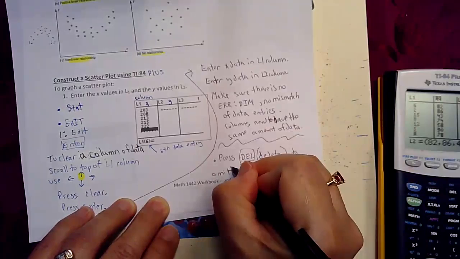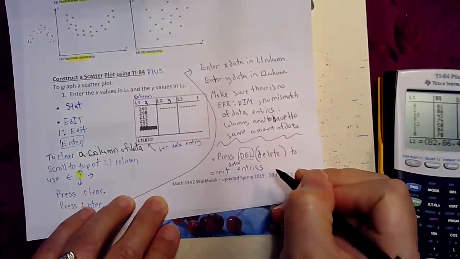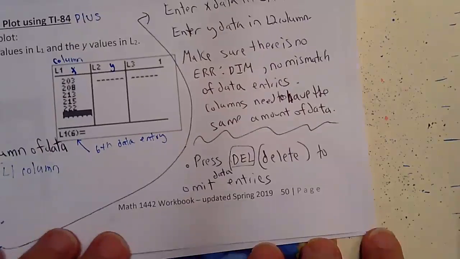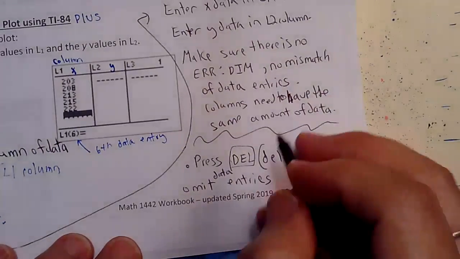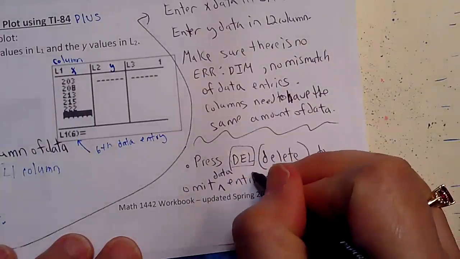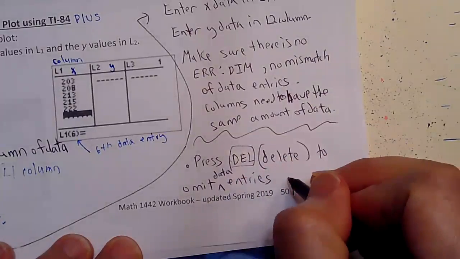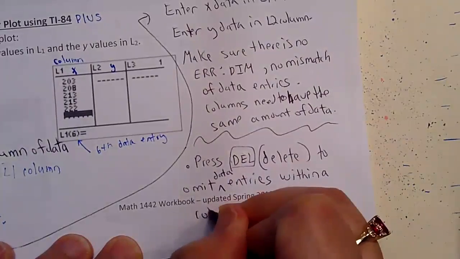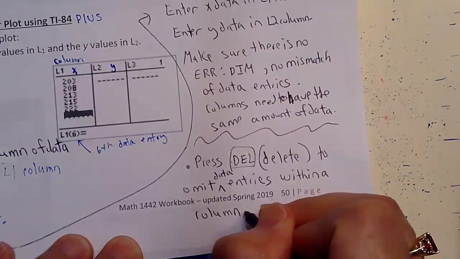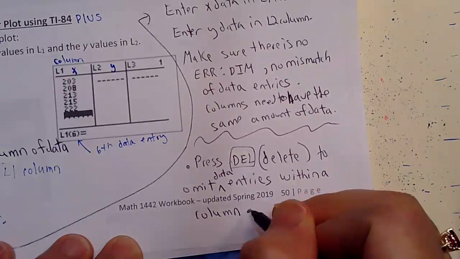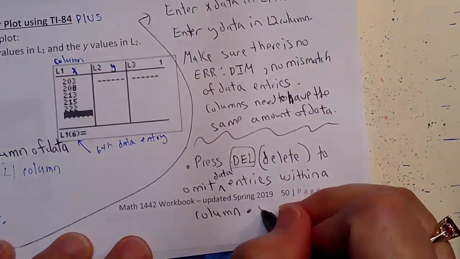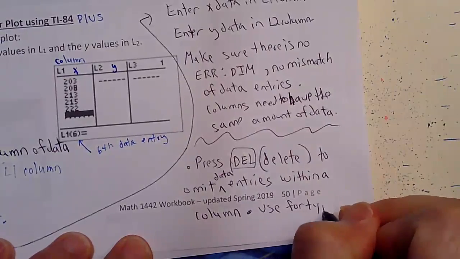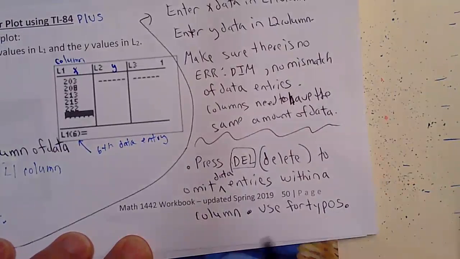Let me make this bigger. Press delete to omit data entries within a column. Use it for typos.